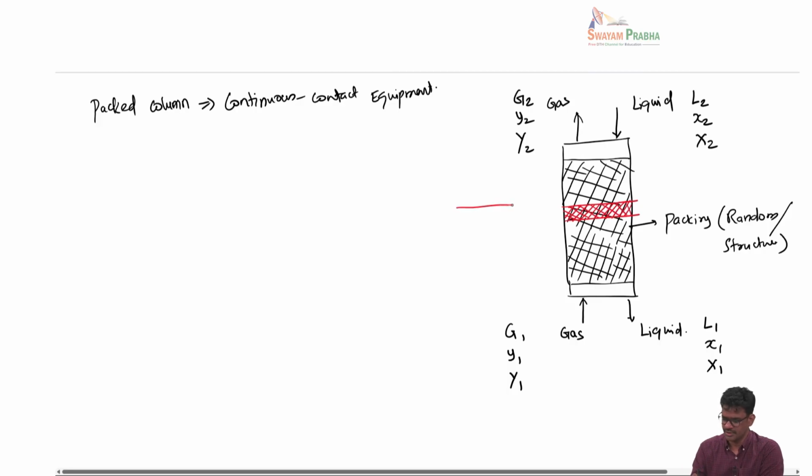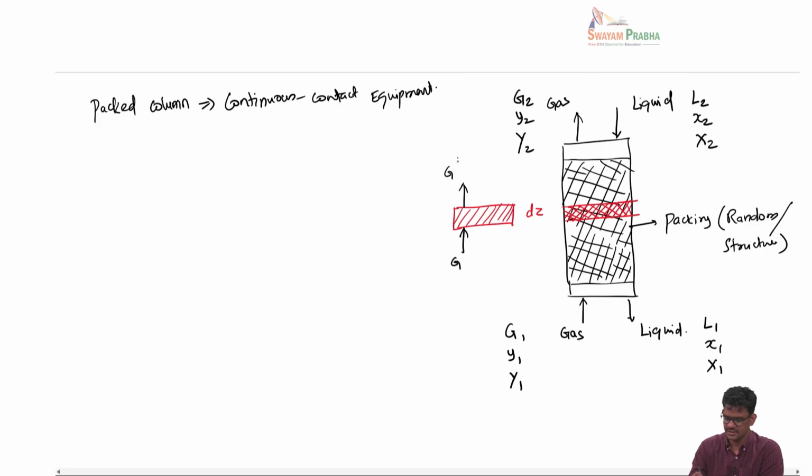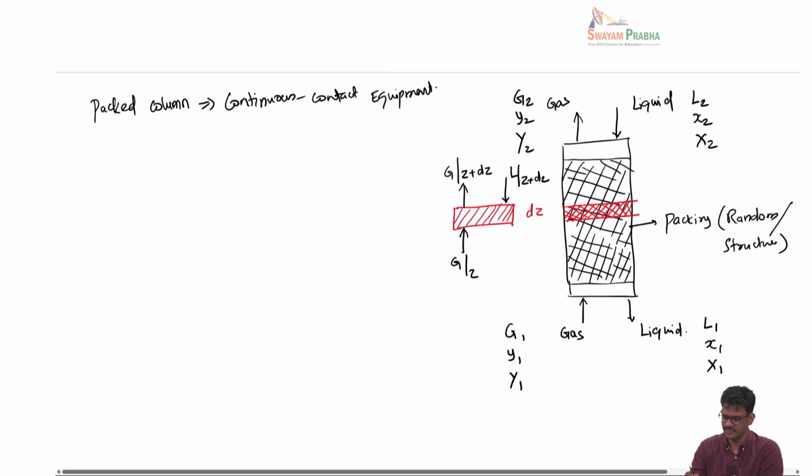Now take a particular section in this column with a height equal to dz. Okay. So this would be G at z, and this would be G at z plus delta z. Similarly, the liquid is coming in here, L at z plus dz, and L is leaving at z.